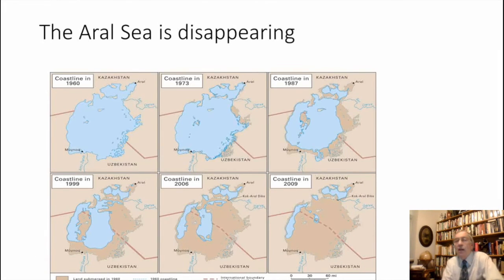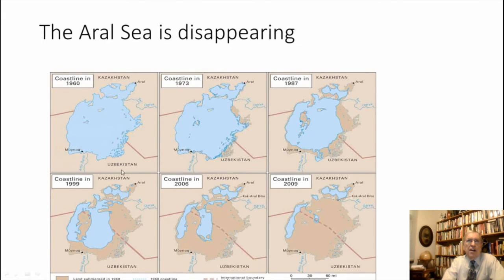Another area, I have a map that shows you where this is, but we'll look at it first. In Kazakhstan, this started way back when Kazakhstan was part of the Soviet Union. Basically, we've drained an entire inland sea. It was one of the biggest inland seas in the world.